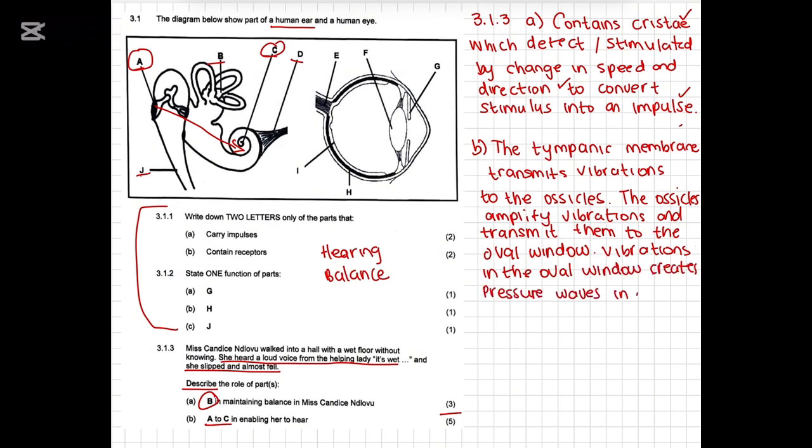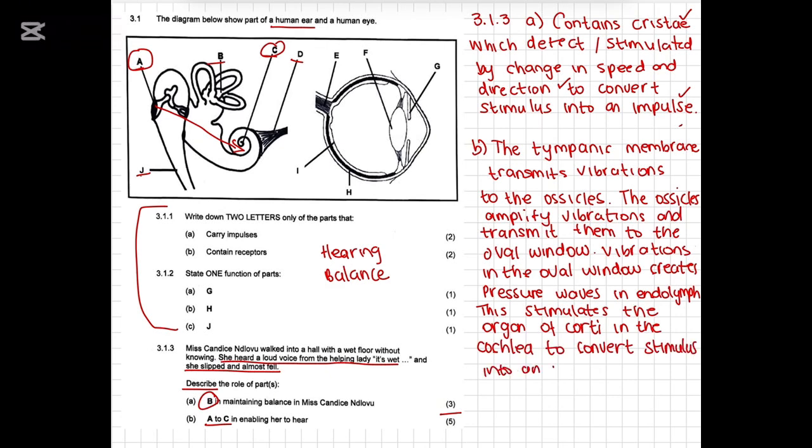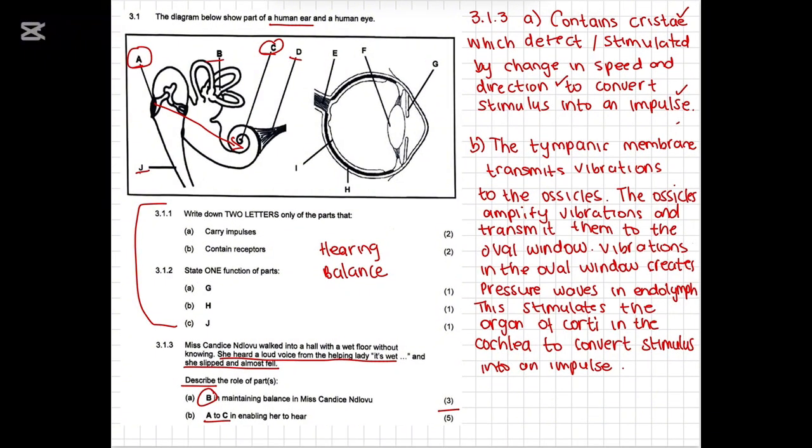The organ of Corti, which is found in the cochlea, will convert that stimulus into an impulse. It's the same, we end here because we're just describing from part A to part C.